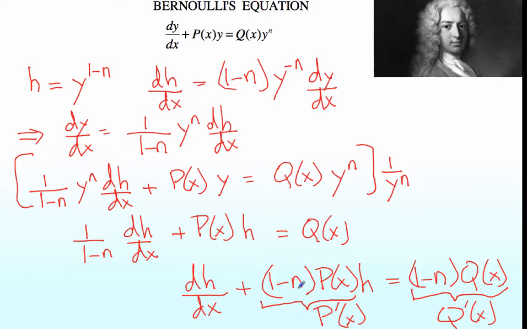So now we have exactly the same situation, and now we can use the integrating factor and solve this equation for h. Once we know h, well then we can get y from here. So from here, y will be h to the power 1 over 1 minus n. In this way, we are able to solve this equation. But now let's work out an example.